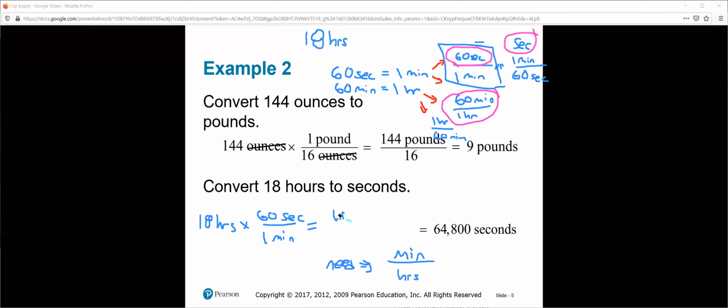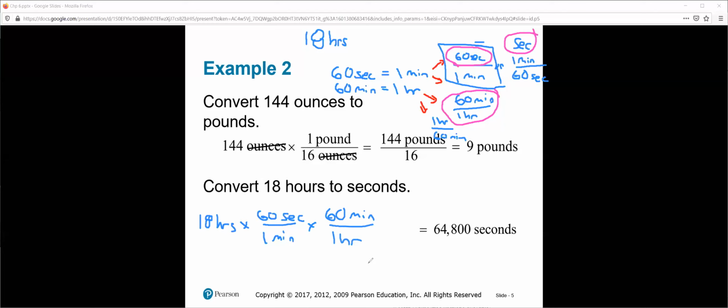So let's get rid of all this stuff here. What that means is I can add that to my big old equation. I could throw 60 minutes up here, and I can say 1 hour down here.